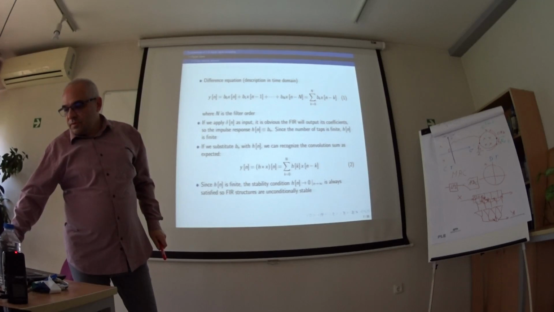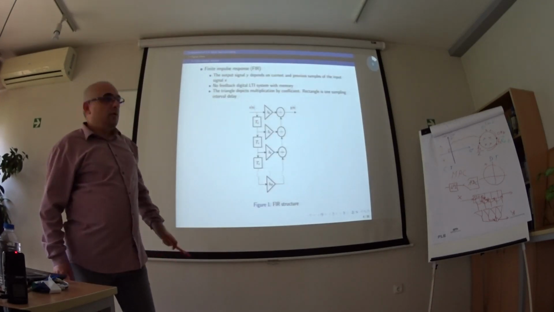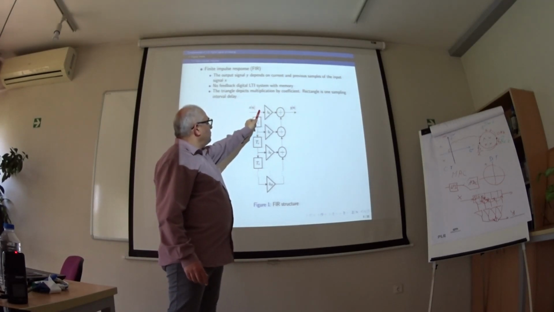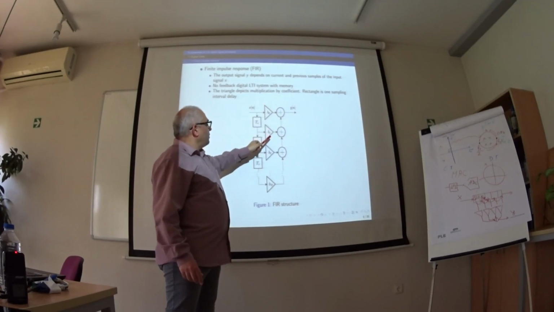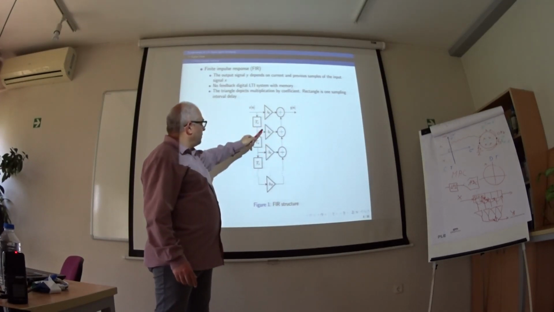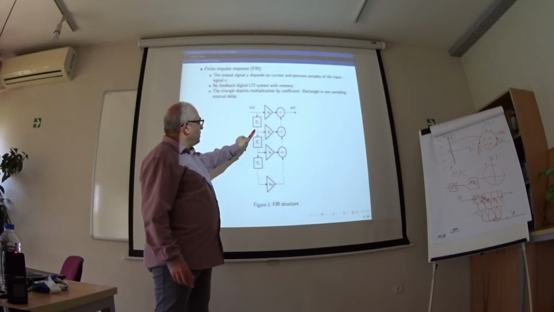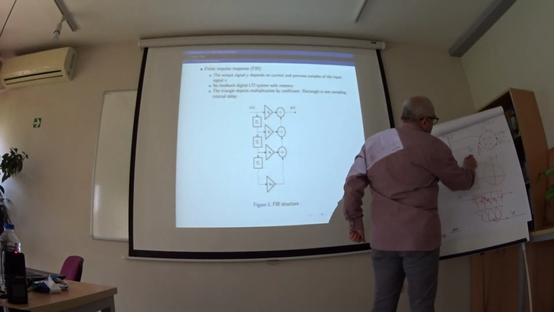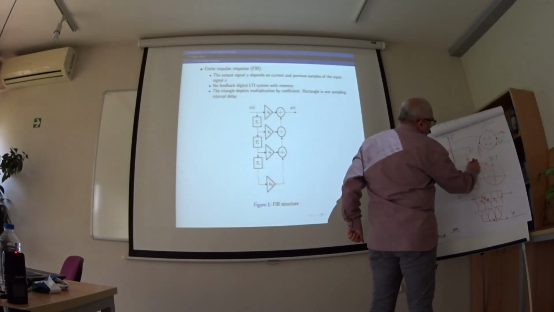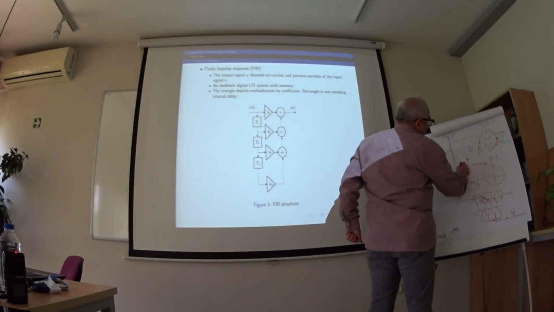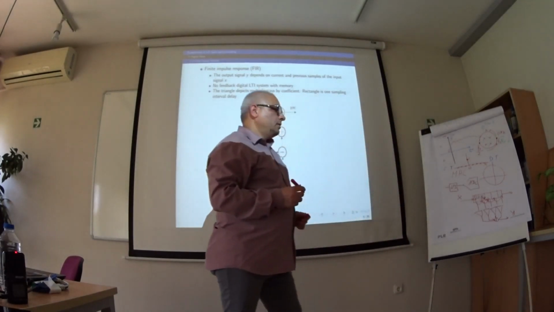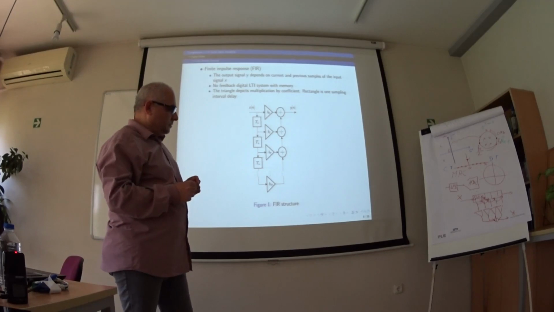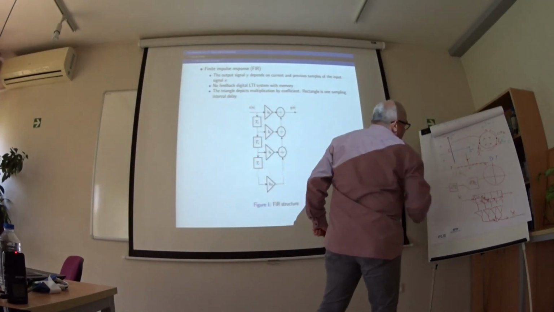But it's very obvious, if we apply delta on the input, it will be multiplied by this coefficient, but the other coefficients in the delay line will be multiplied by 0, because delta is 1 only here, but is 0 outside, at any time different from 0.